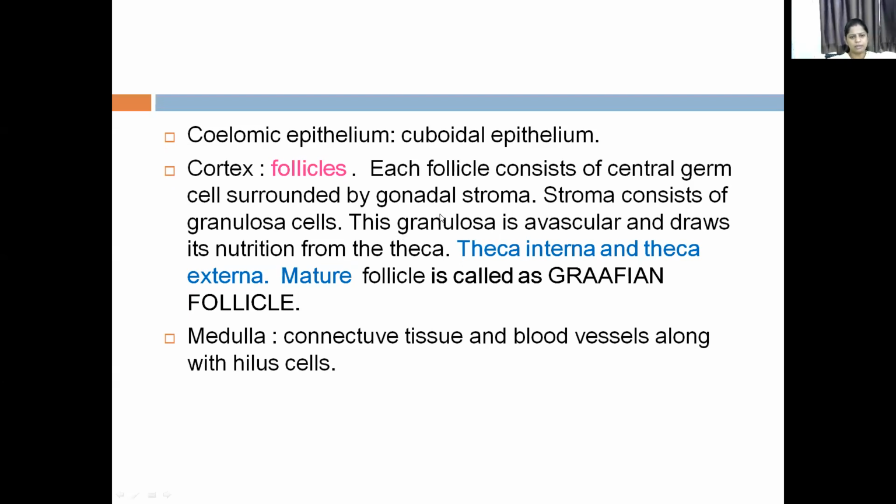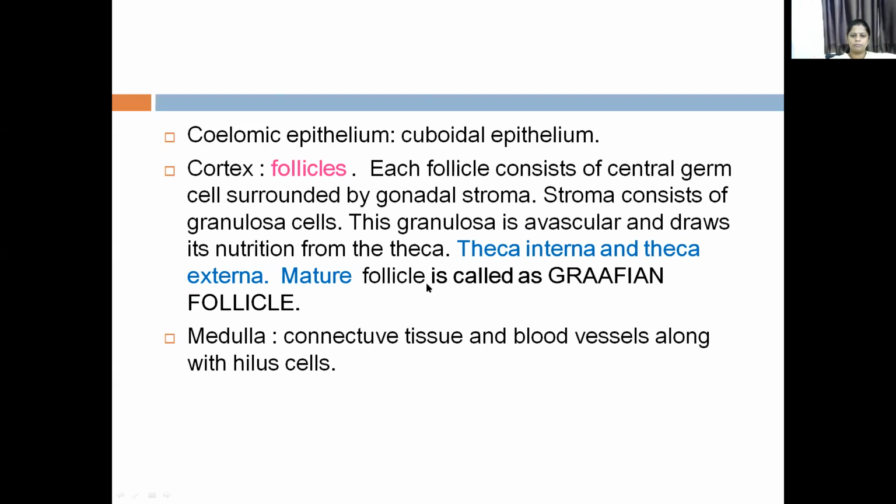Basically, the granulosa is the supporting structure for the germ cells. This granulosa is primarily avascular. So how does it continue? It draws its nutrition from the theca. This theca again has two layers, the theca interna and the theca externa.